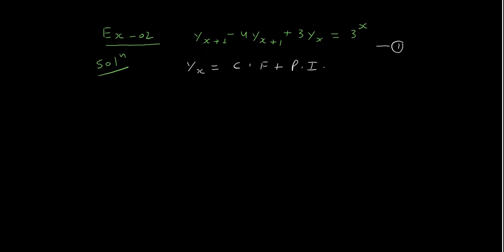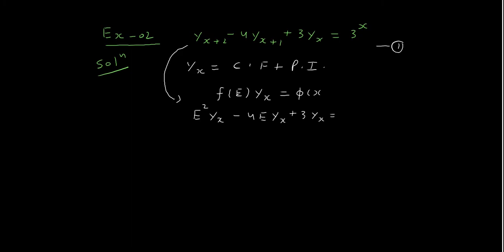So if we write the given equation 1 in the standard form f of E yx equals phi x, then this yx plus 2 can be written as E square yx minus 4 E yx plus 3 yx equals 3 to the power x.